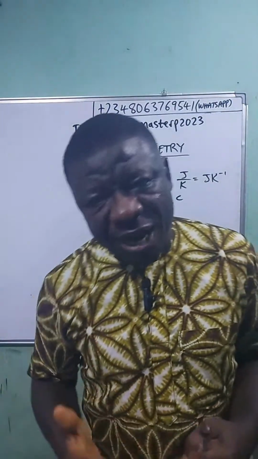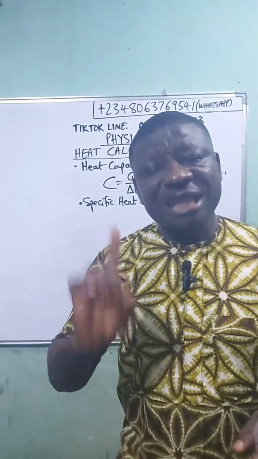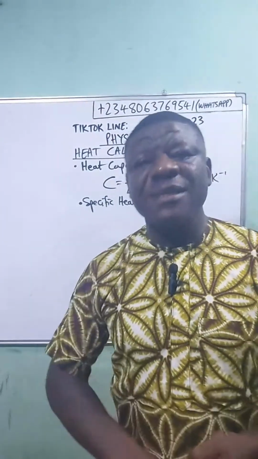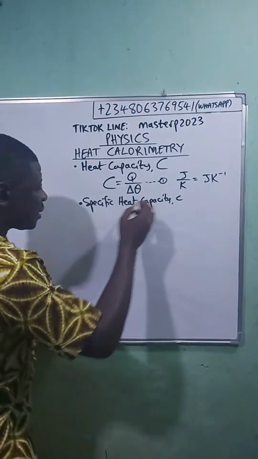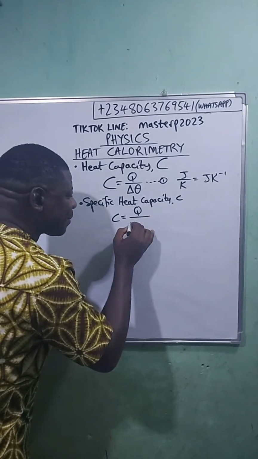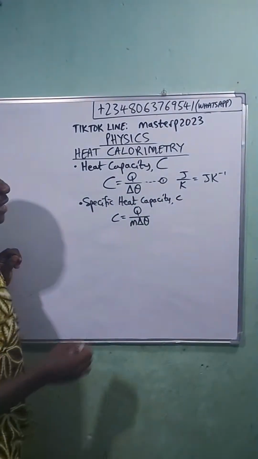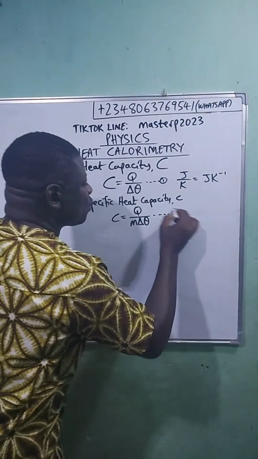Specific heat capacity is defined as the heat energy required to change the temperature of a unit mass of a substance by 1 degree Celsius or 1 Kelvin. This will be our equation 2.